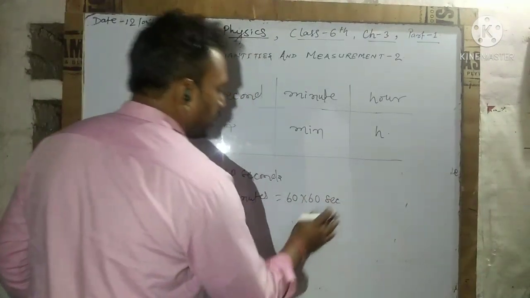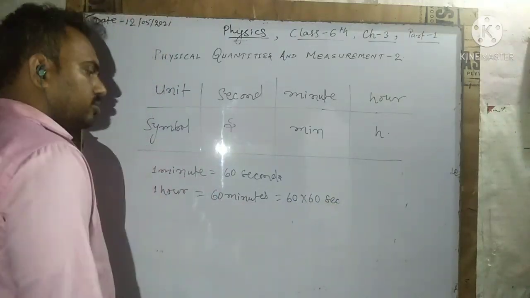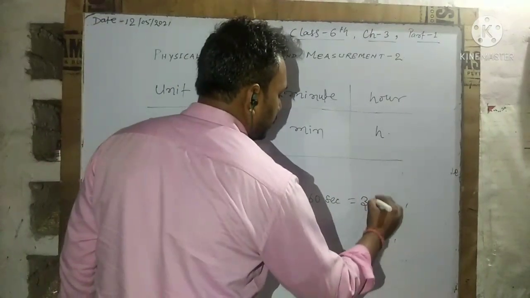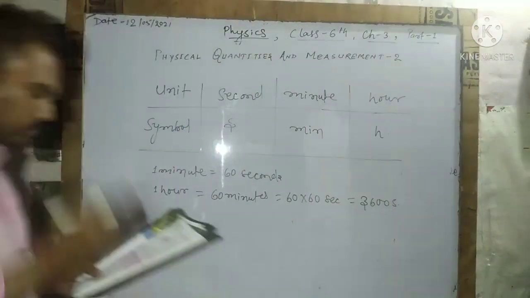I am writing it; you may write second as sec also, or simply s also. If we multiply, it will become 3600 seconds.